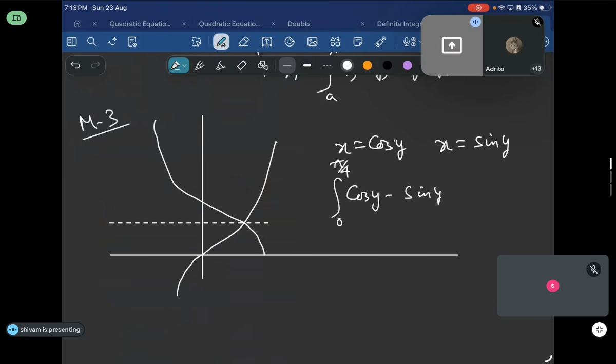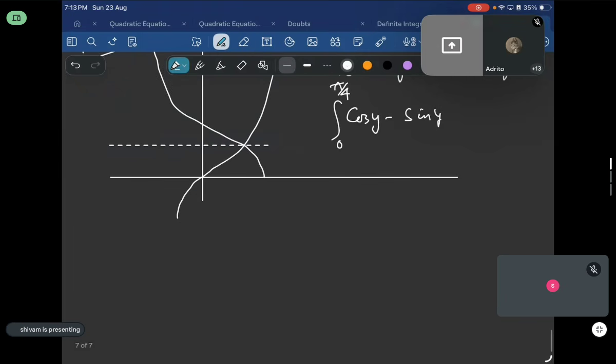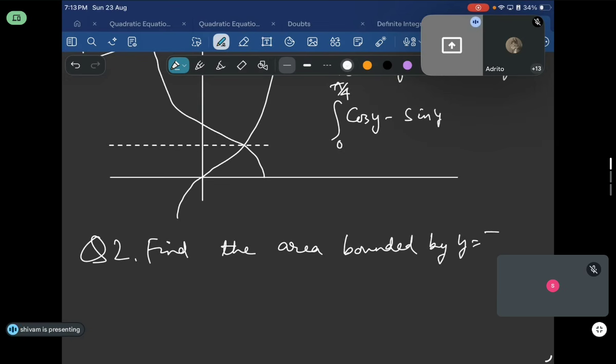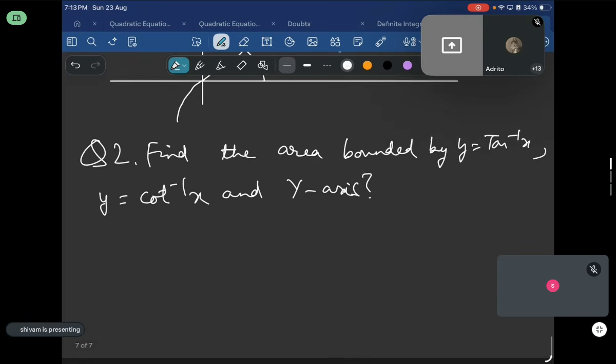So let us do some problems. You also try some problems. Question number 2, I guess. Find the area bounded by y equal to tan inverse x, y equal to cot inverse x, and y axis. Question number 3.